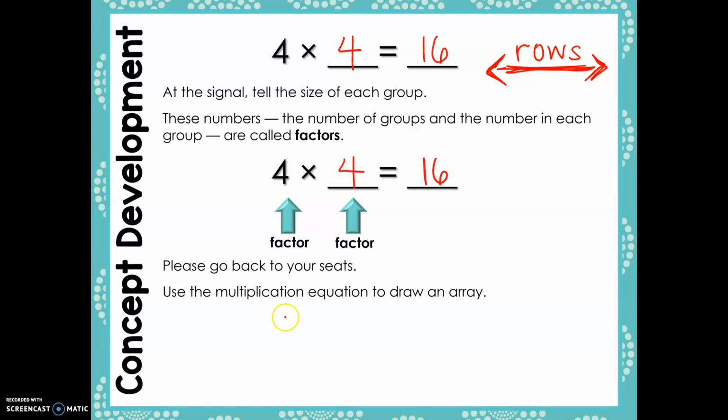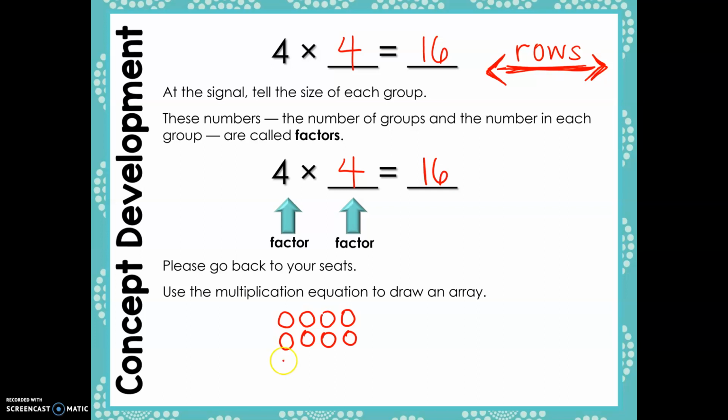So I'm going to start by just doing 1 row of 4. See how it goes this way and not up and down? That is a row. So now I have 1 row of 4. I need to keep going. Okay, I have 2 rows of 4. Am I done?